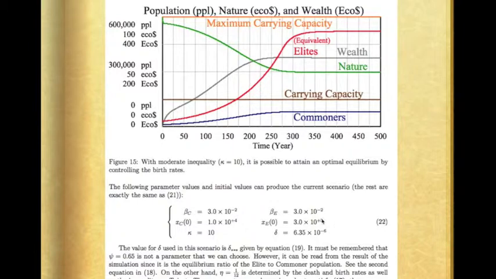Kappa was reduced to 10, so inequality was reduced, and then the production rate was kept close to the optimum, this delta is close to the optimum. So you need to keep an eye on this production rate. This combination of conditions, more commoners, more elites, so bigger population, less inequality, and these birth rates, was able to produce this sustainable scenario.